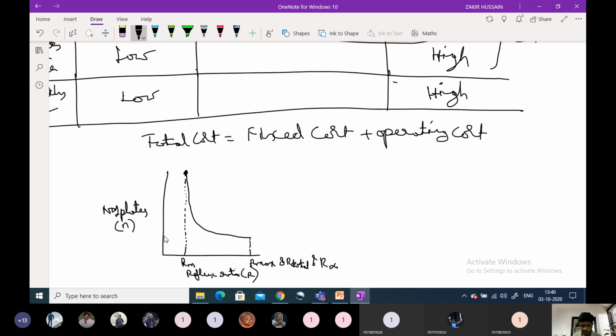At R infinity, the number of plates required will be minimum. So at minimum reflux ratio, the number of plates required will be maximum. Can you understand this figure?